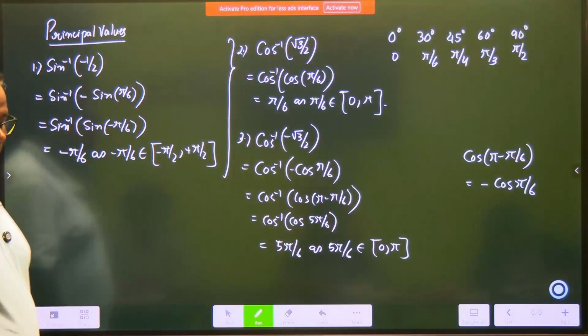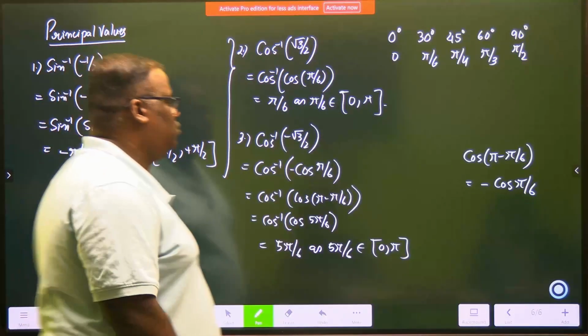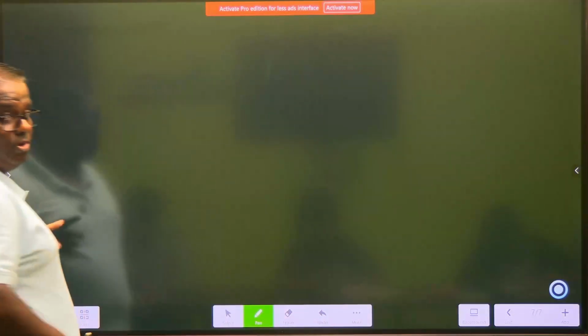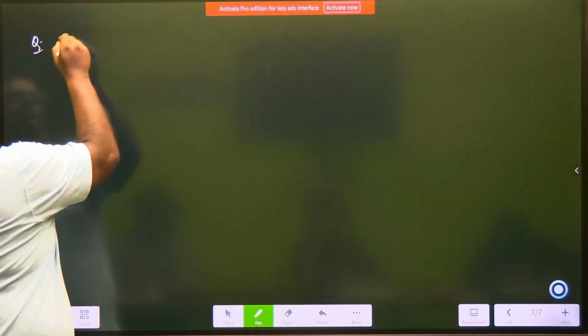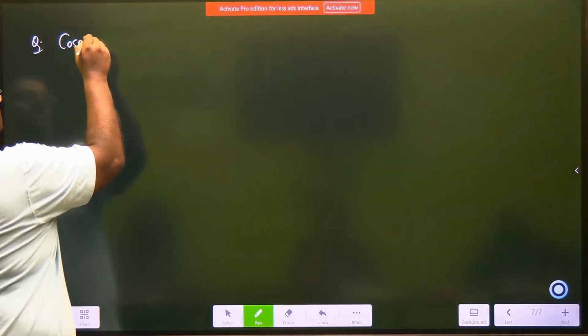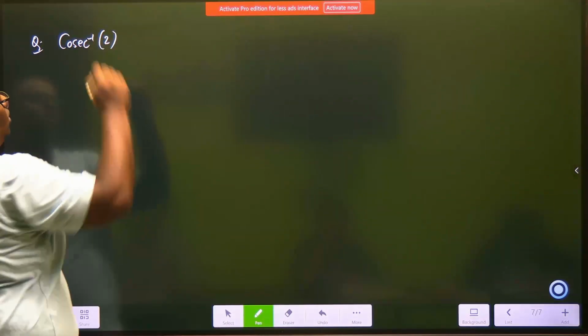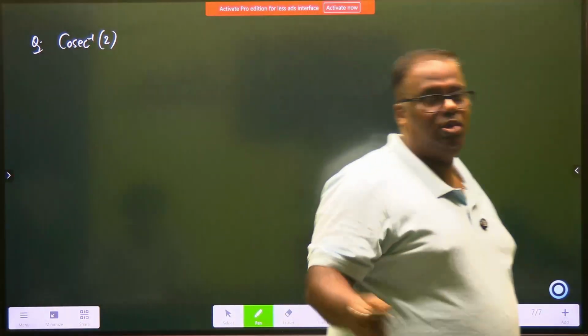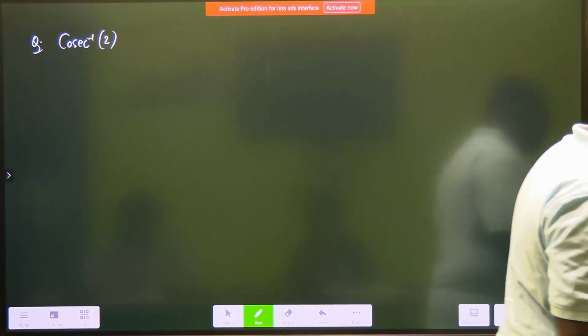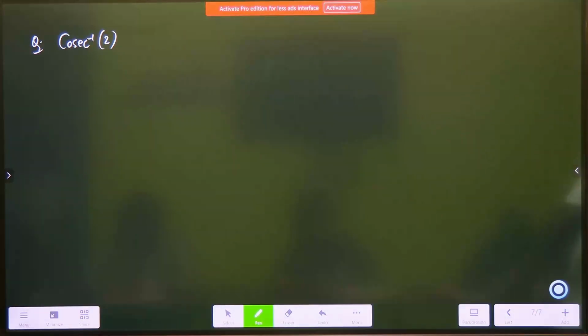One more. Do cosec inverse 2. Do you want me to keep the screen? Okay. Another question. Do cosec inverse 2. Sine 30 is half, so the reciprocal of sine 30 is cosec.